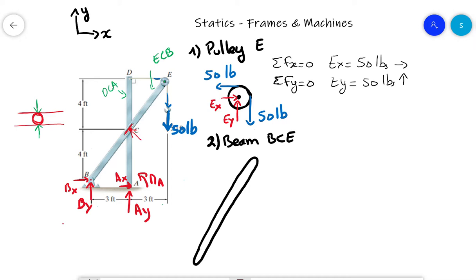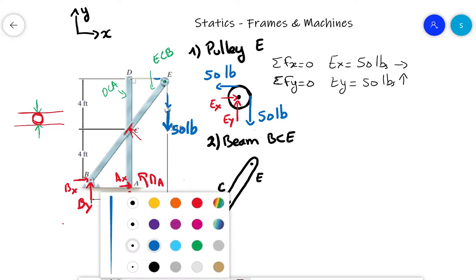There's a pin at B, a normal contact at C, and a pin at E. Those are the connections that we know.